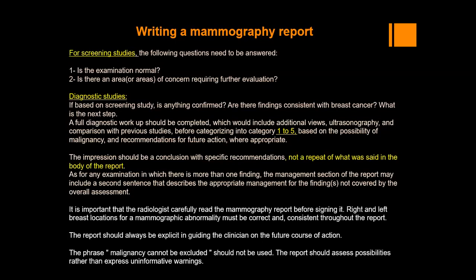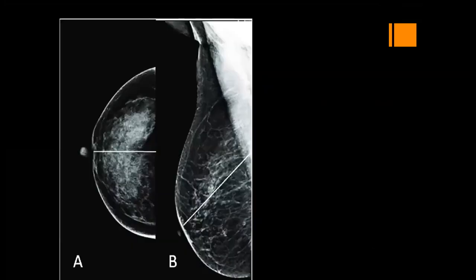And the phrase "malignancy cannot be excluded" should not be used in the report. The report should assess possibilities rather than express an informative warning. So, what about this case? How are you going to report this?